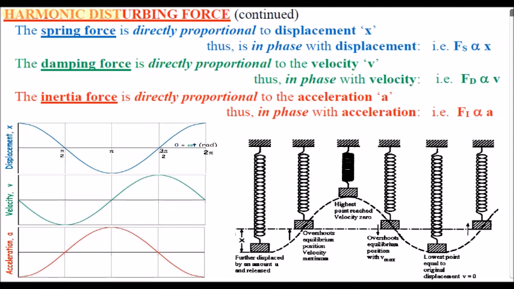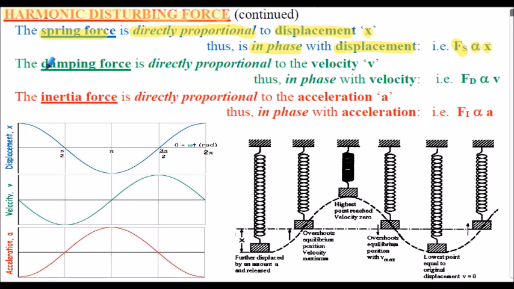Harmonic disturbing force continued. So what we note now is that the spring force is directly proportional to the displacement x. So the spring force is considered to be in phase with displacement, written mathematically as Fs is proportional to x.